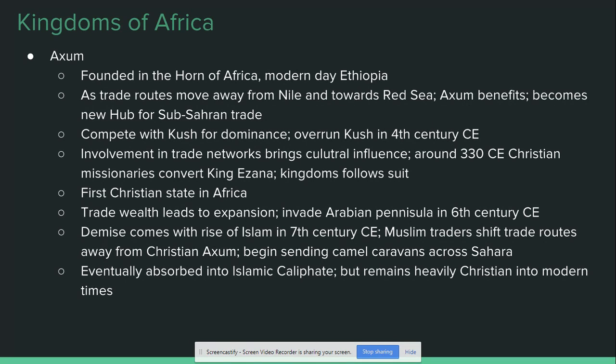Right. So if you take nothing else away from it, make sure that you pay attention to those two themes, right? The importance of trade to these African kingdoms and to classical empires in general, and how trade plays a massive role in diffusing cultural beliefs and ideas and bringing them into areas where they previously hadn't existed.